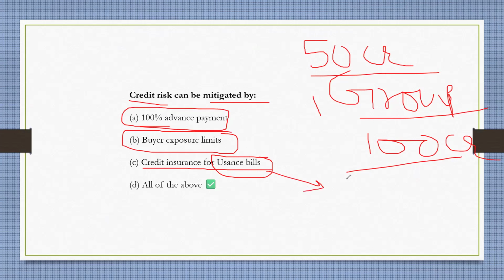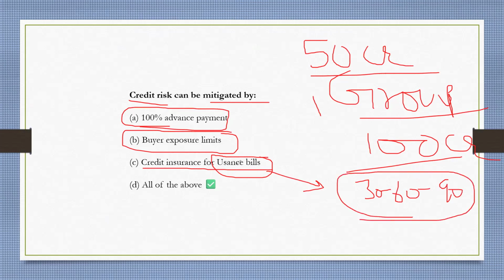Usance bill means when you are doing payment after 30 days, other than sight. Sight means as documents are received, payment has to be done. Other than sight will be called usance bill. In that, 30 days, 60 days, 90 days time period will be given, and after that only the payment will be done. So for that type of bills, the exporter should take credit insurance, like our ECGC is there. So that insurance should be taken. Okay. So all of the above is the correct answer for this.